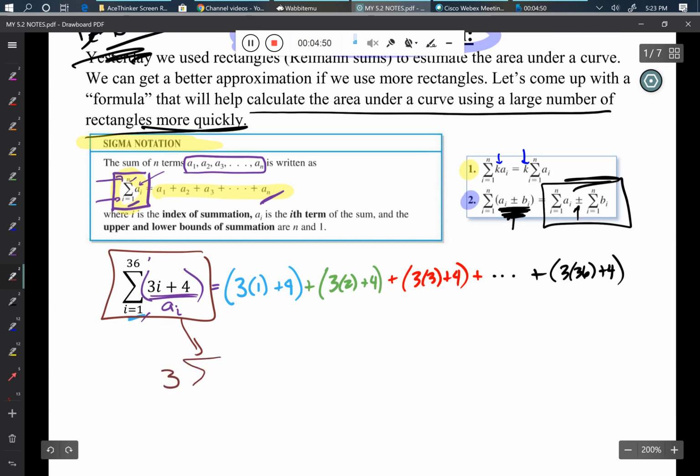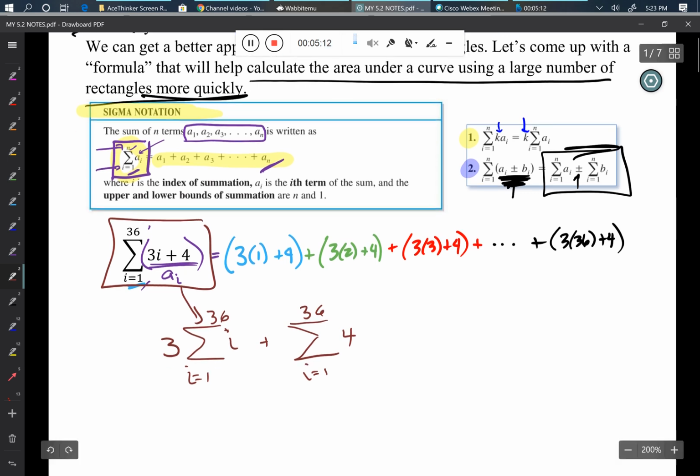3 times the sum as i goes from 1 to 36 of i plus the sum as i goes from 1 to 36 of plain old 4. Whoa, why did I write 34? Now, why would this be easier?